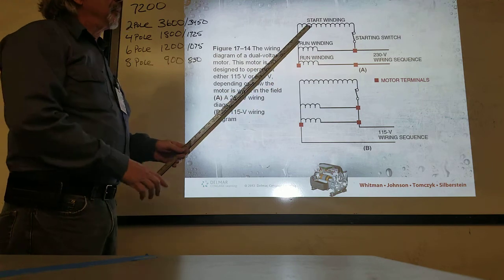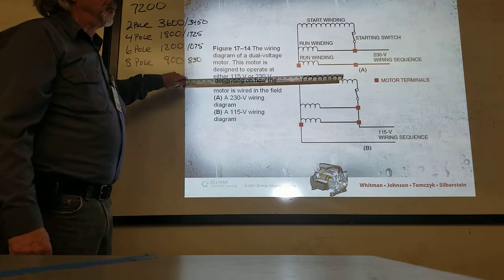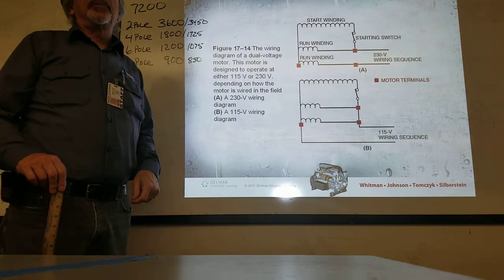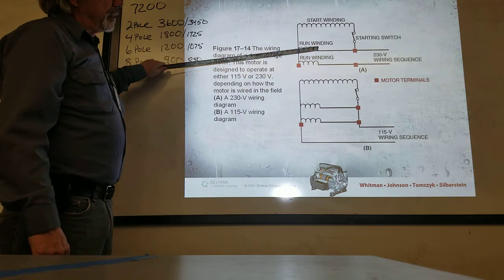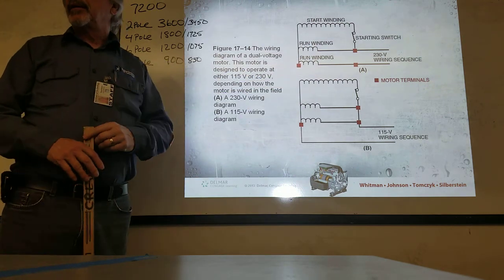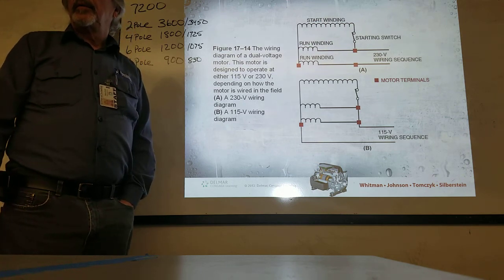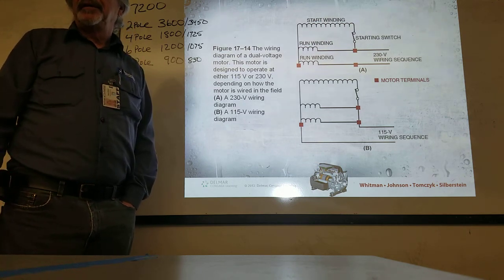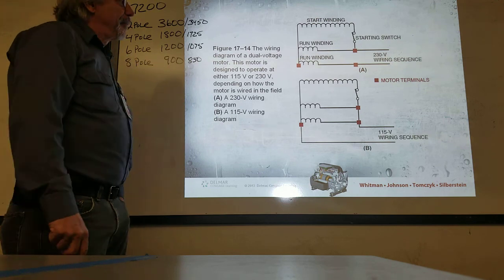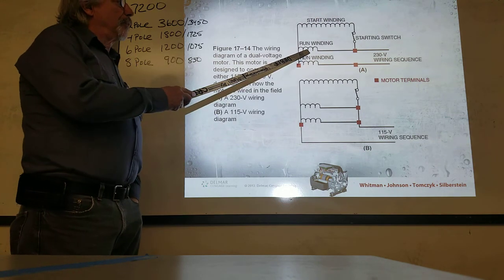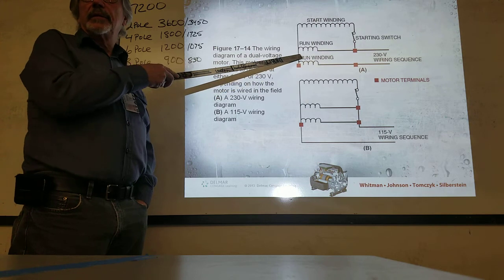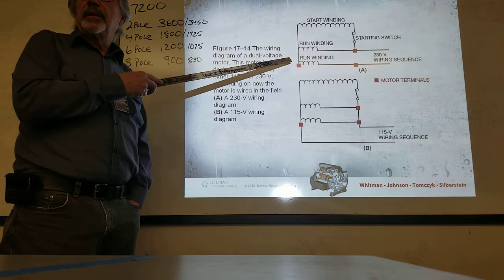So in this wiring, we know from our work with circuits that with loads in series, the voltage is divided, right? So we have a voltage drop across each one of these windings, because they're in series.